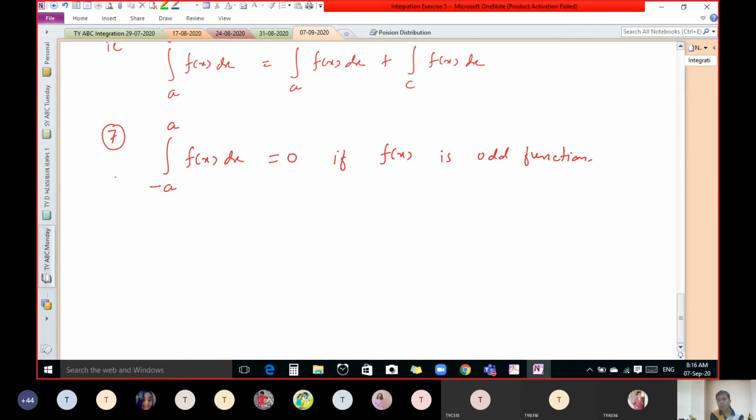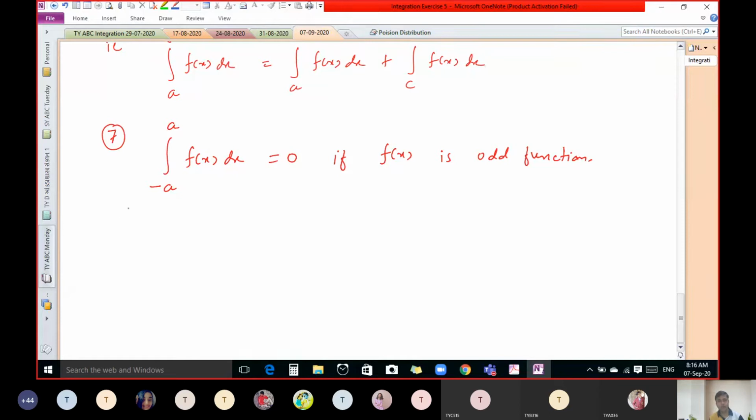If the limit is like this, minus a to plus a, means lower limit is any number but negative sign, the same number in upper limit with positive sign, then answer is 0 provided f of x is odd function.